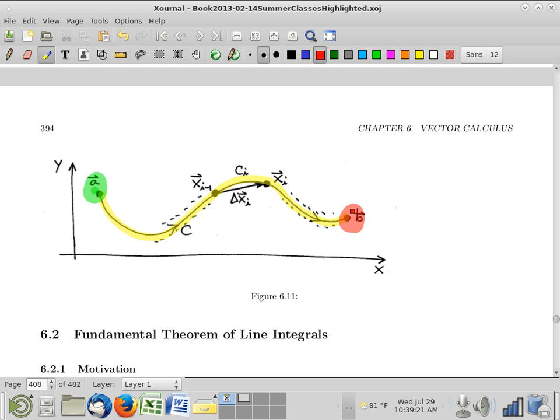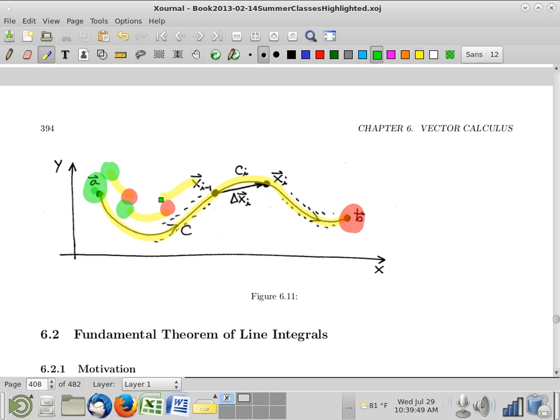And I observe that this boundary is the same as the sum of the boundaries of the individual pieces. In other words, if you were to look one at a time, there is our first little piece of curve. It's got a starting point and an ending point, oriented accordingly. The next little piece of curve has a starting point and an ending point. The next little piece of curve, you can see where I'm going with this.